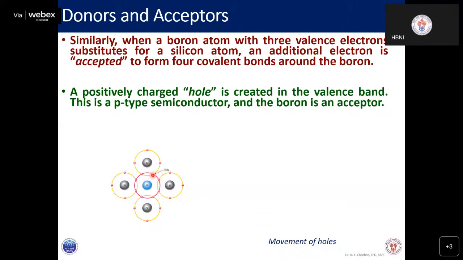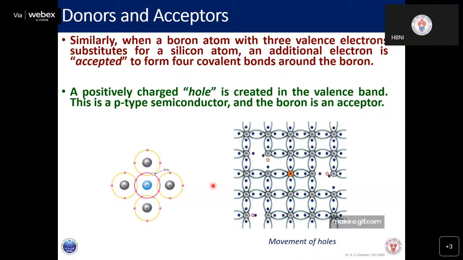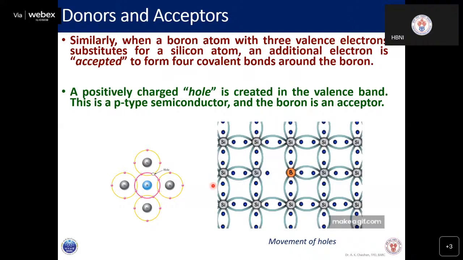So in that case, there will be 1 electron missing. It can accept 1 electron. Suppose 1 electron is available somewhere here. This can accept the electron, and therefore such an absence of electron is called a hole. So a hole is nothing but an absence of electron.